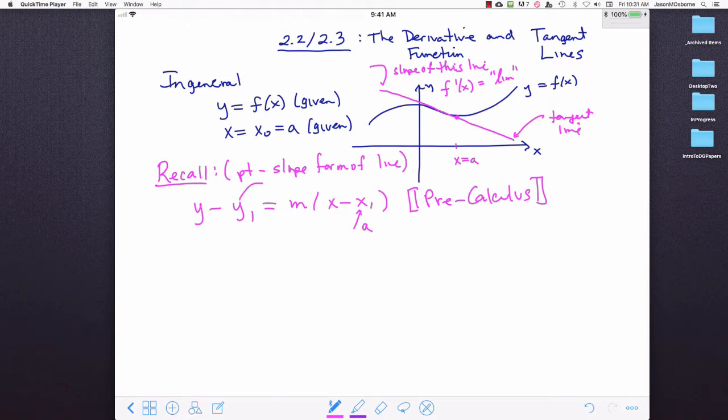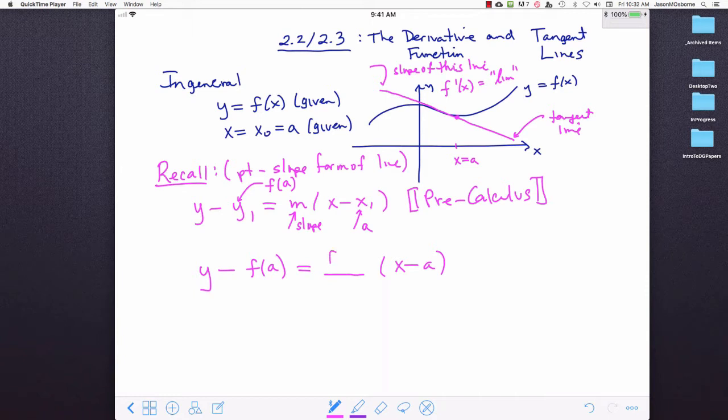And the y1 value, since we have a function, is going to be the function evaluated at a. So in calculus, we would write y minus the function evaluated at a equals the slope times x minus a.